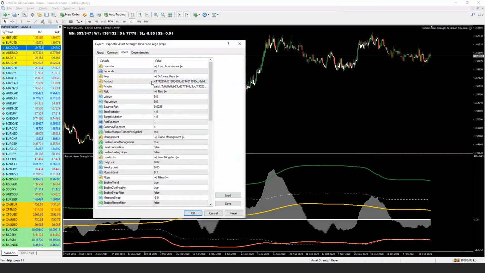So look, there's a lot of stuff in here that doesn't really matter, but something that's important, as I mentioned, is loss mitigation. This is super important. So each day I will allow the robot to give back 2%. If it exceeds 2%, then it switches off for that day.